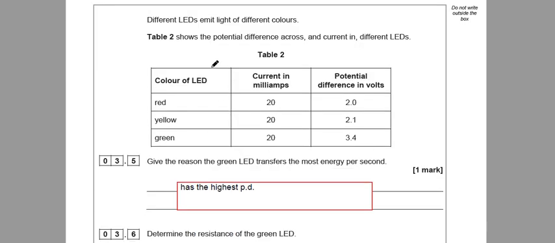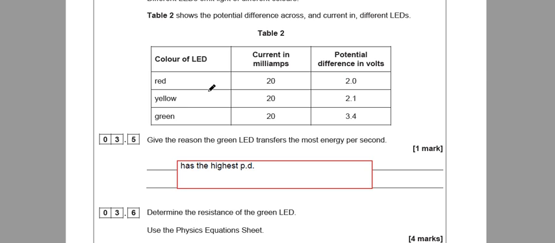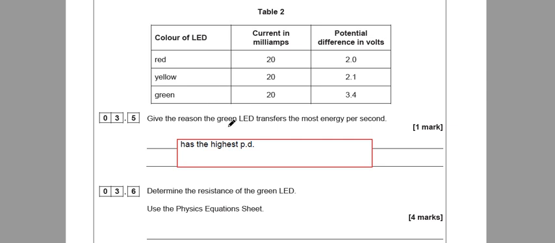Different LEDs emit light of different colors. The table shows the potential difference across and current in different LEDs. Give a reason why the green LED transfers the most energy per second.